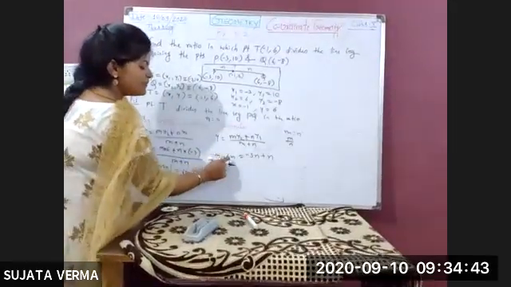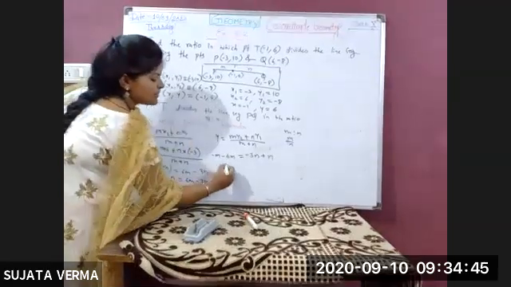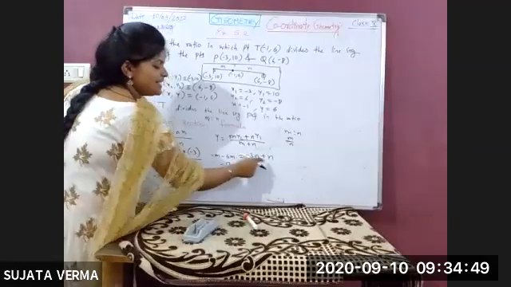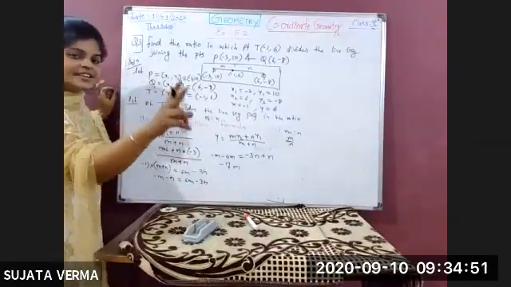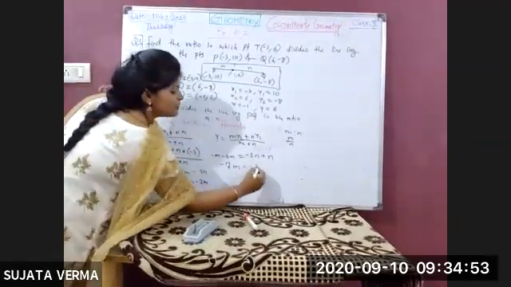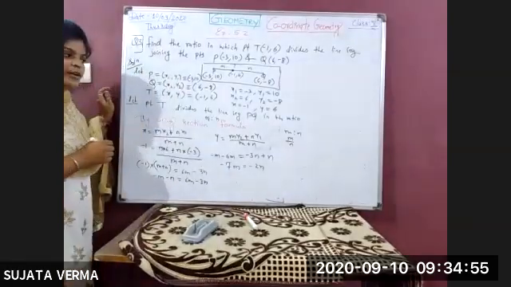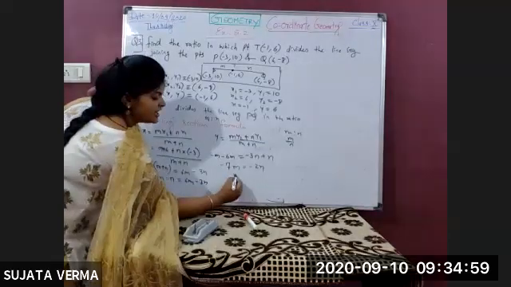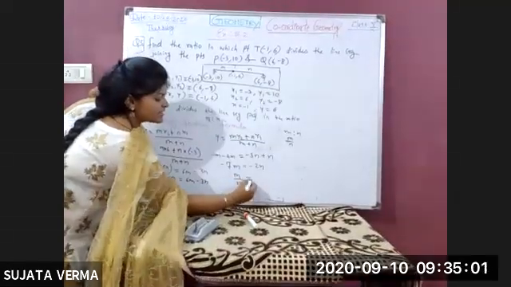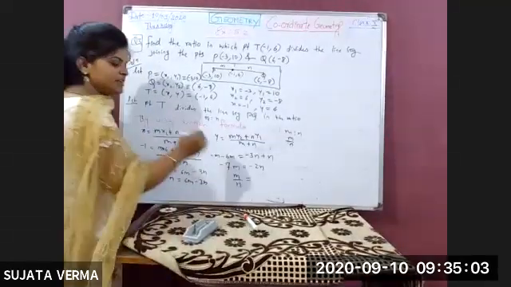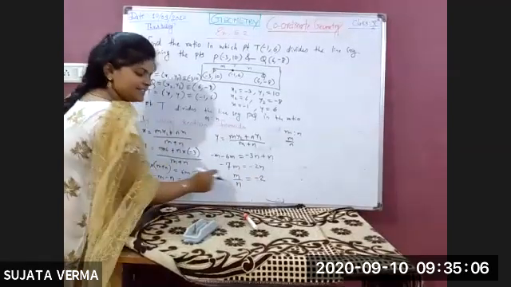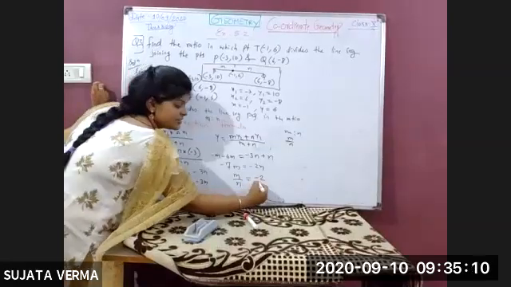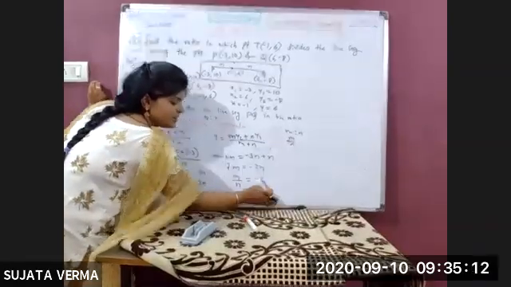-M minus 6M, how much? -7M. -3N plus N is equal to -2N. But we have to find M by N. Then we write M by N is equal to -2, as it is, and this -7 divides here.